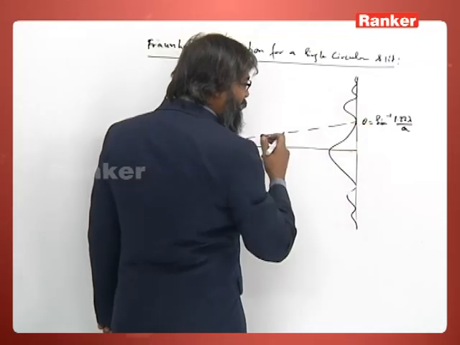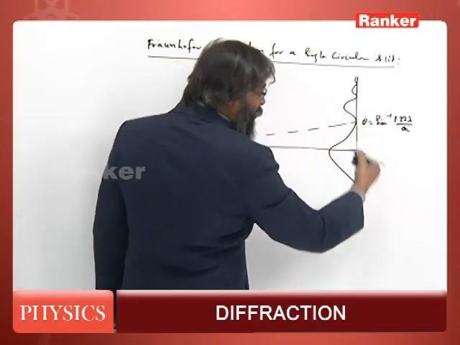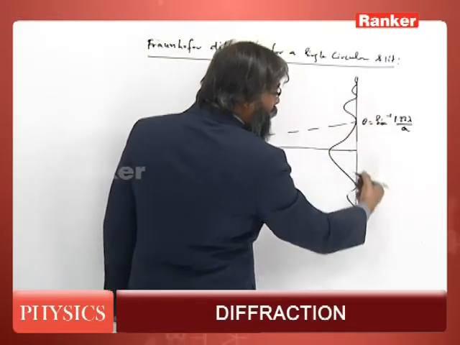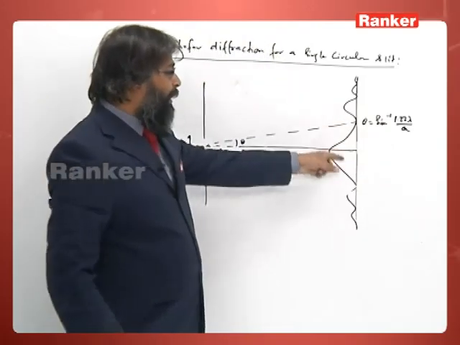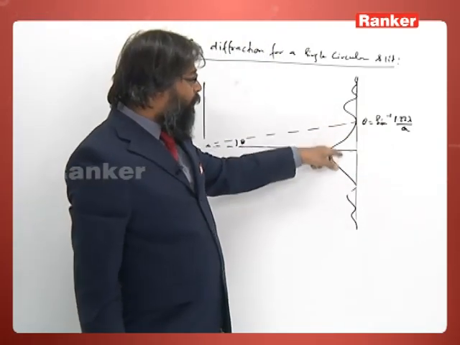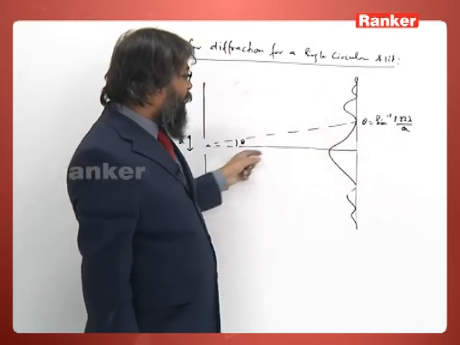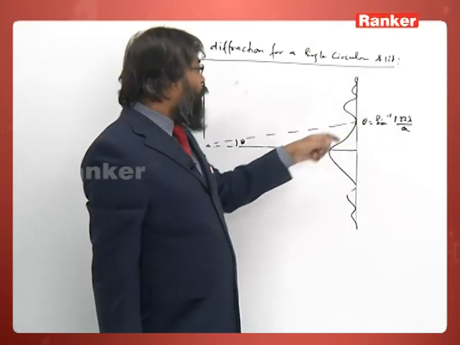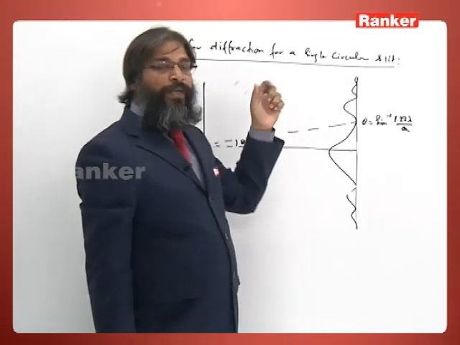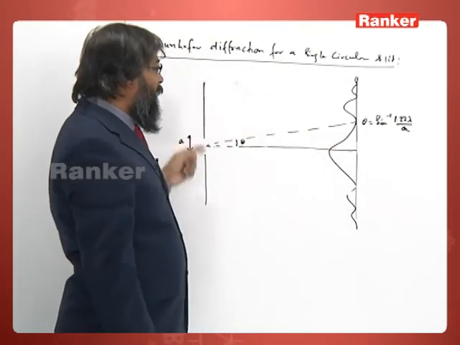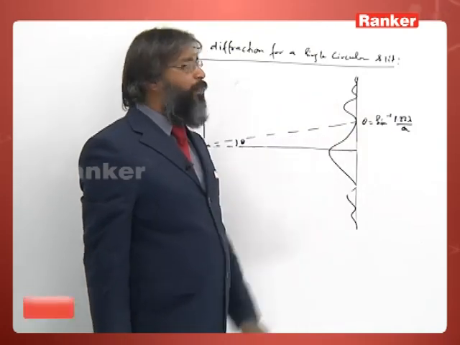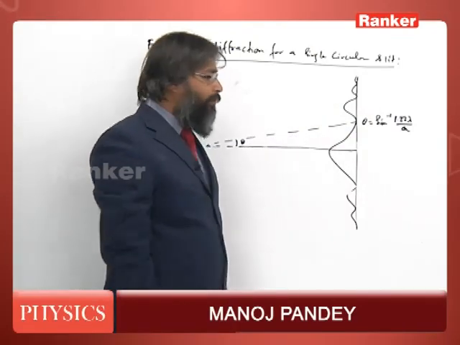On the screen we will get a bright central brightness, and the majority of the light will be within it. So it is very important that the angular position of the first minima for the Fraunhofer diffraction of a single circular slit is sin inverse 1.22 lambda by A.